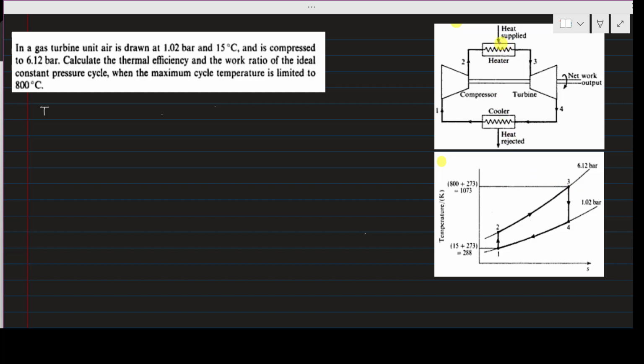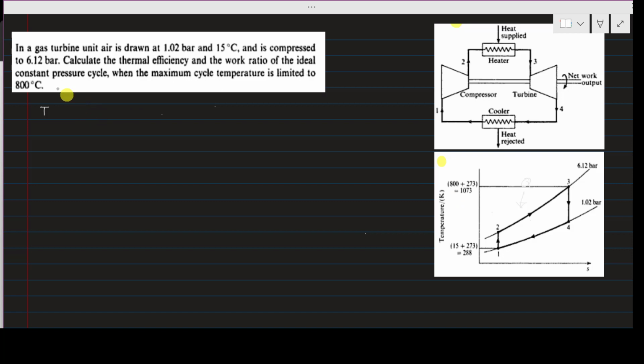Because heat is supplied continuously at constant pressure. So the heat is being supplied there, and that's why the maximum temperature is obtained at point 3. If you convert that into Kelvin, it becomes 1073 Kelvin. Now let's begin the problem.